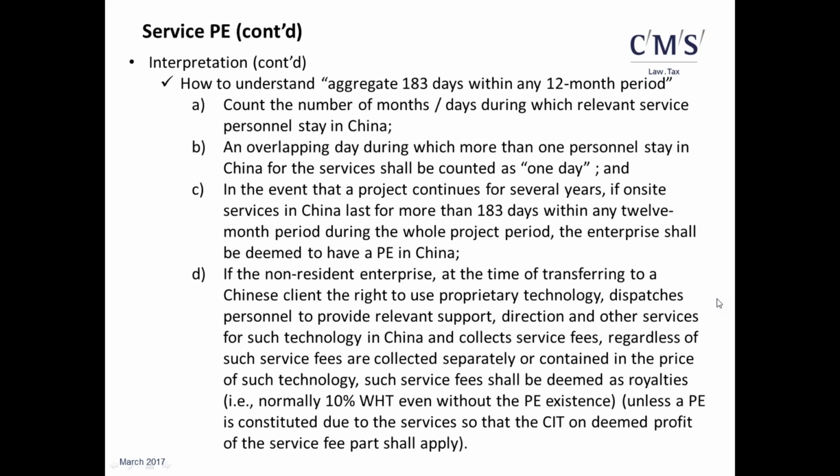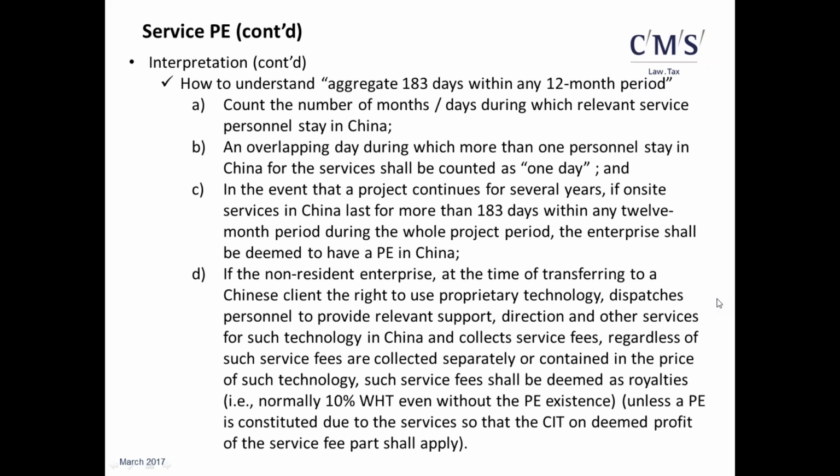We should not sum up their total number of PRC days for counting purposes. We only take 30 days of that month for counting purposes. So that's the example of point B here.